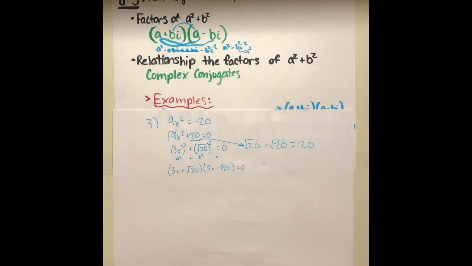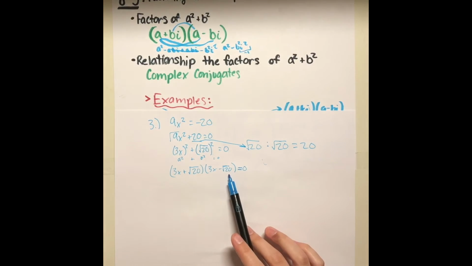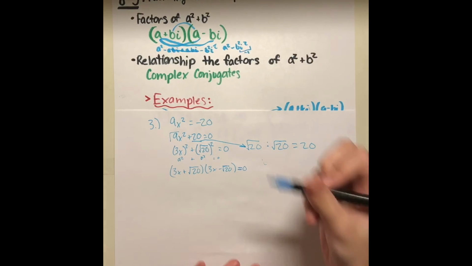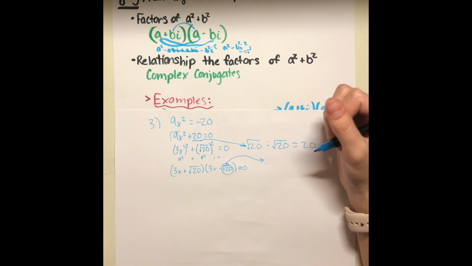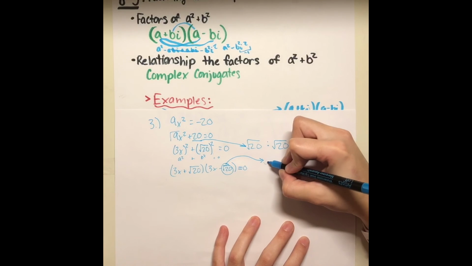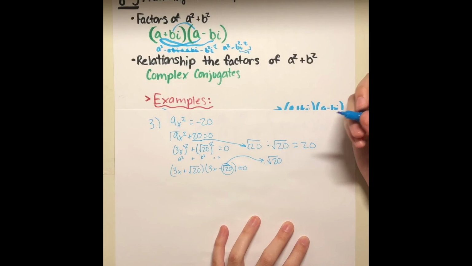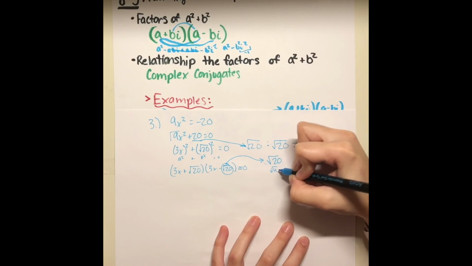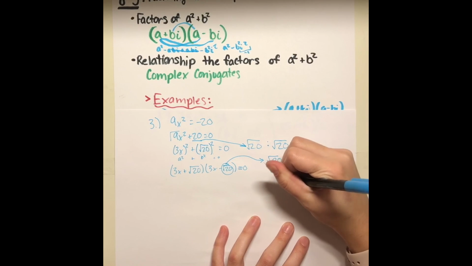Well, we don't exactly want to jump to the next step yet for solving for x, because 20 can still be written differently than just square root of 20. Square root of 20 can also be written as square root of 4 times square root of 5. So you can square root that, so it's 2 square root of 5.